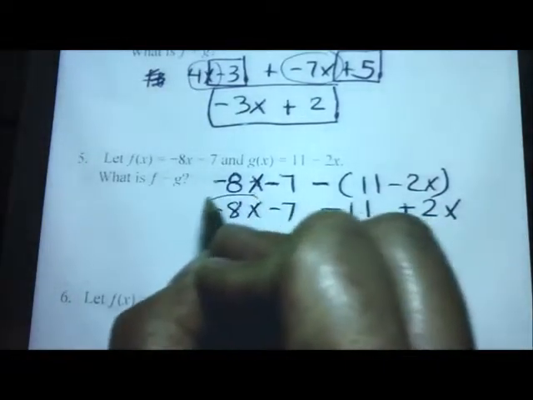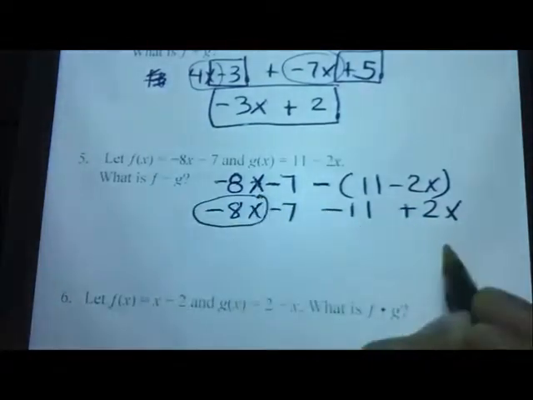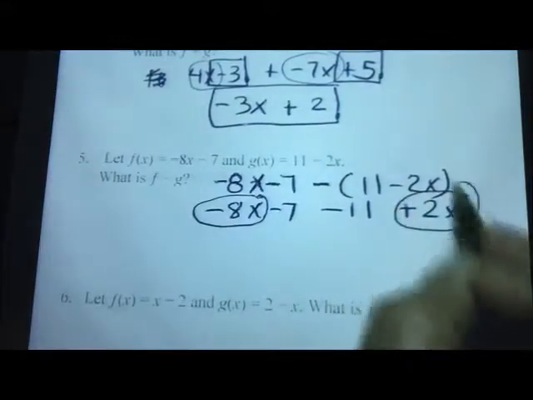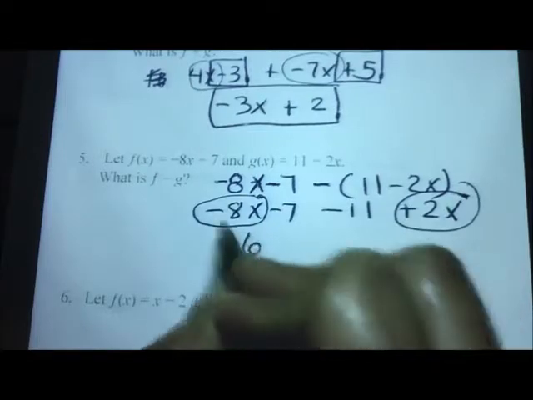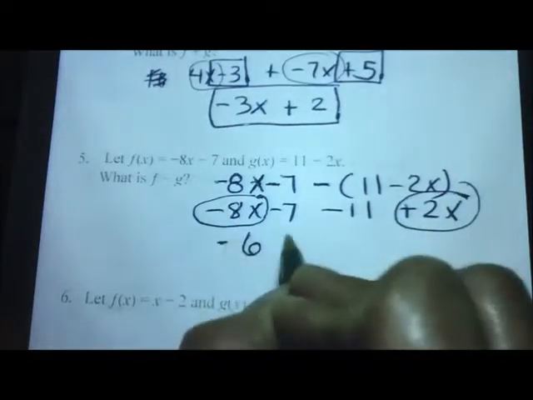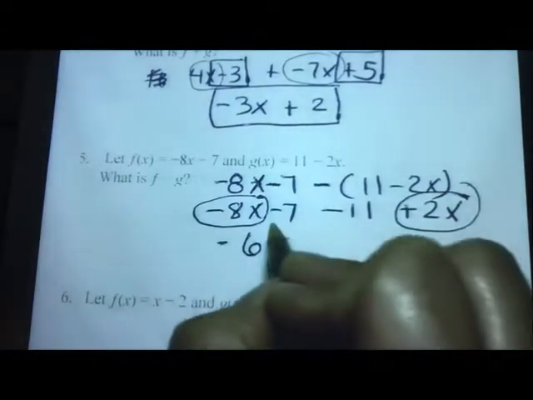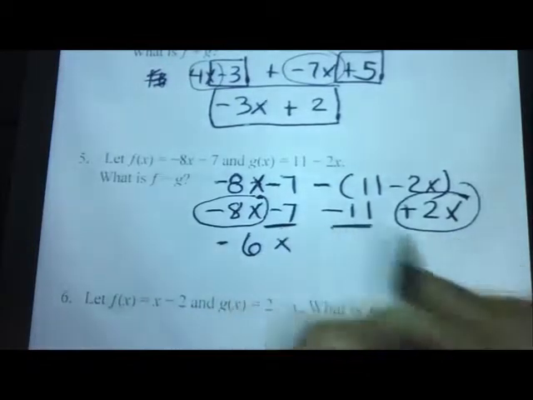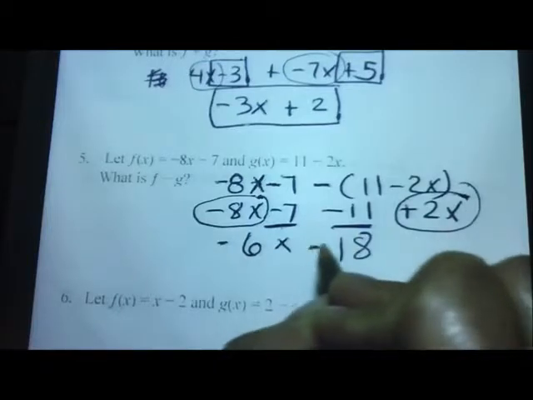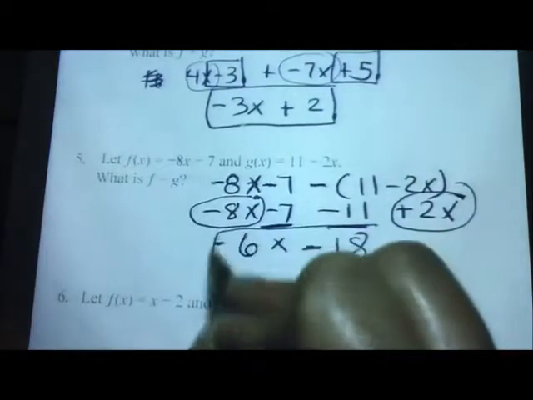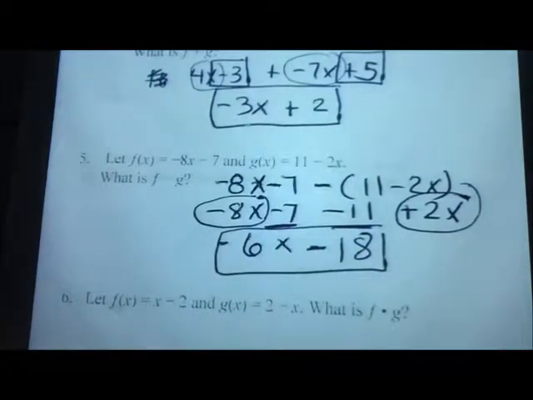We are combining like terms again. -8 and a +2, different signs, so we have to subtract. 8 minus 2 is 6. Keep the sign of the largest number. So it's -6x, -7, and -11. They're both negative, so we add them, and they stay negative. And that would be your answer there.